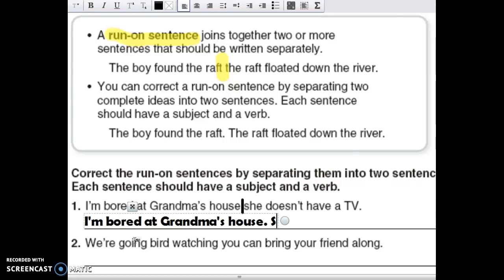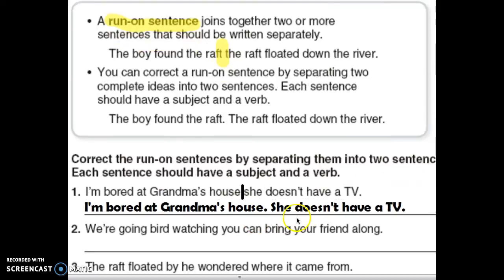Period. Capital S on she doesn't have a TV. Okay, so I completed that run-on sentence, or I corrected that run-on sentence by separating it into two ideas because it was too long. It needed to be separated.